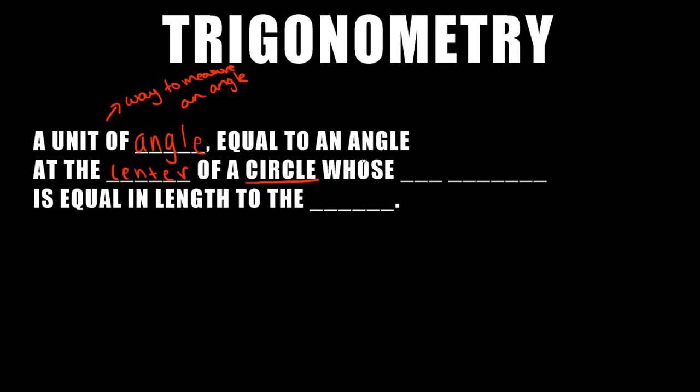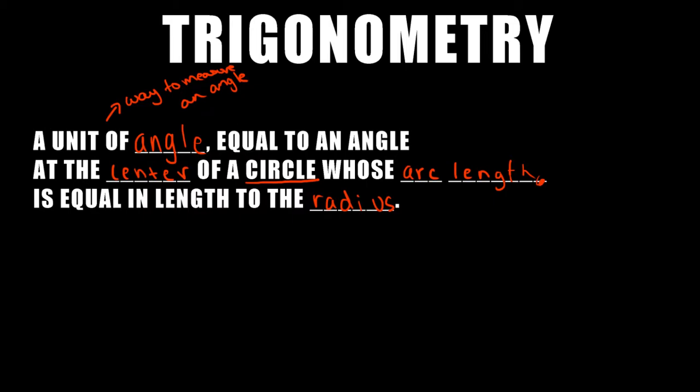If you were measuring triangles, you wouldn't really use radians, but when you're talking about circles, radians make more sense. Okay, whose arc length, I just edited this slightly. I just added this extra word length, whose arc length is equal in length to the radius. So this may seem a little bit confusing, so let's walk through this step by step.